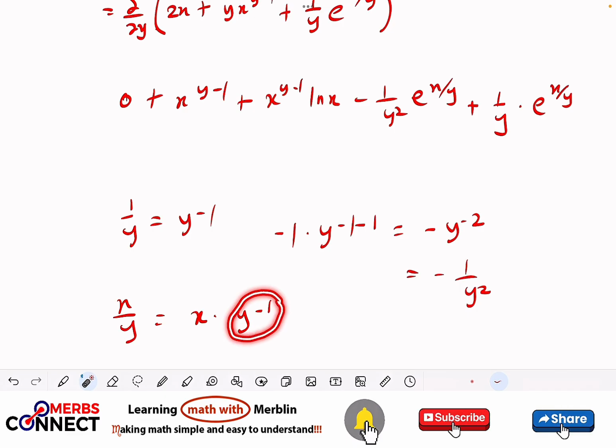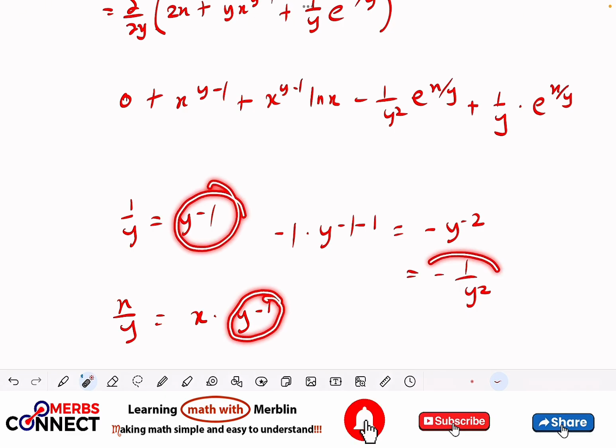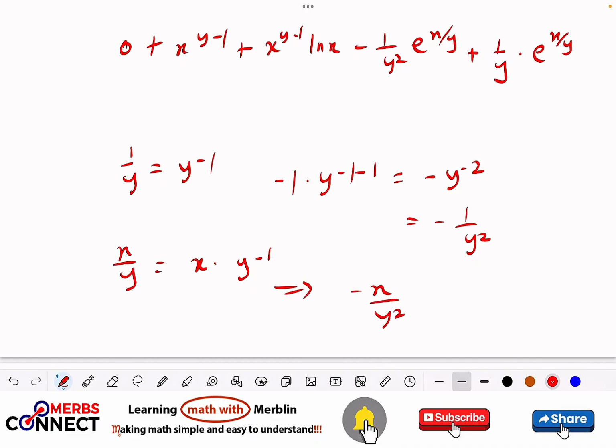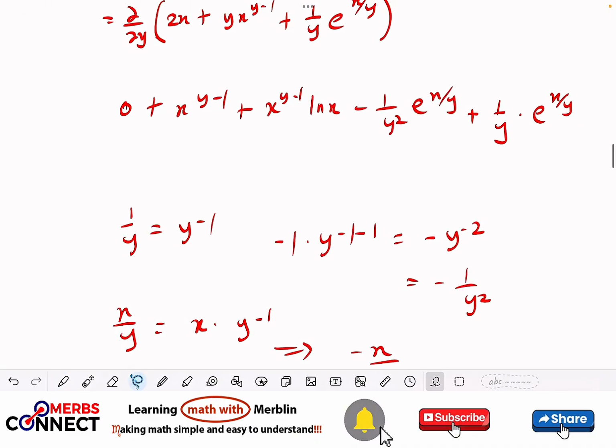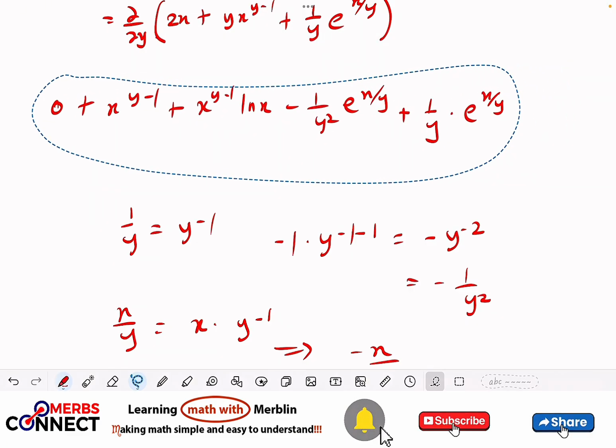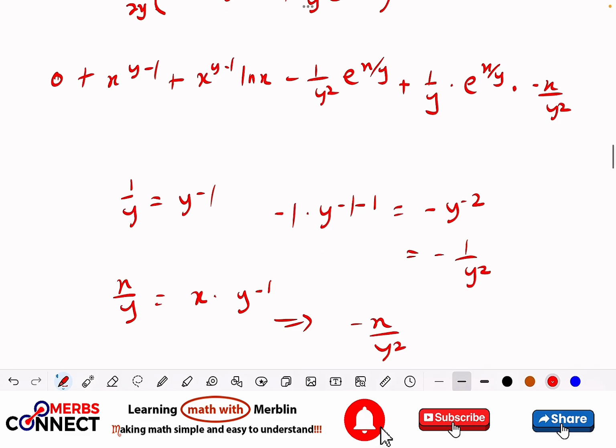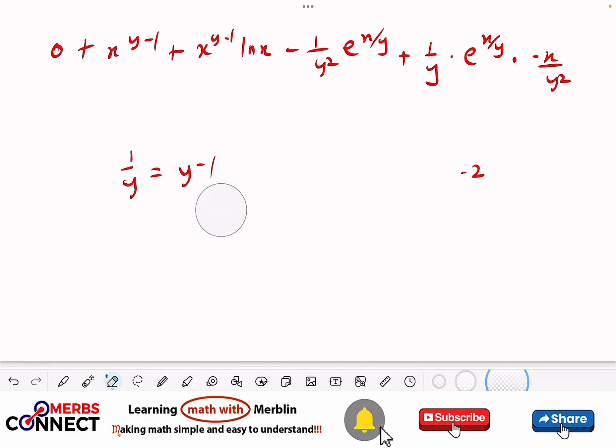So now differentiate this, get this, and multiply it by x. This is going to give us minus x over y squared. So I'm going to multiply this one by minus x over y squared. Now let's try and then simplify to see if it's the solution.